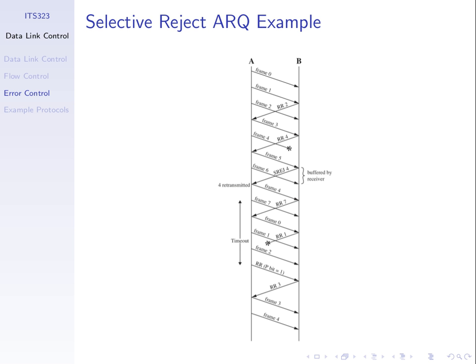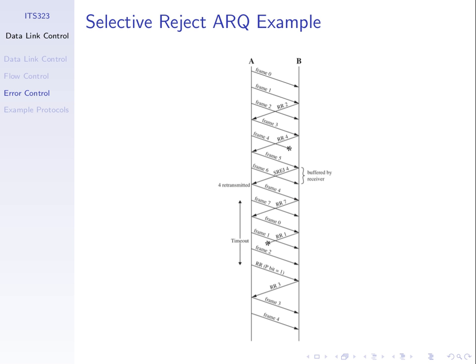So there's two small variations between the sliding window-based ARQ mechanisms. Go back N, do not store frames at the buffer, at the receiver. Go back and retransmit them all. Selective reject, store frames at the receiver, only go back and retransmit one frame.